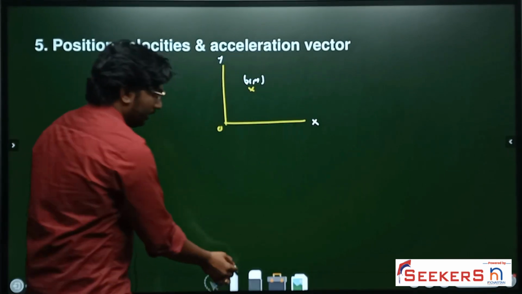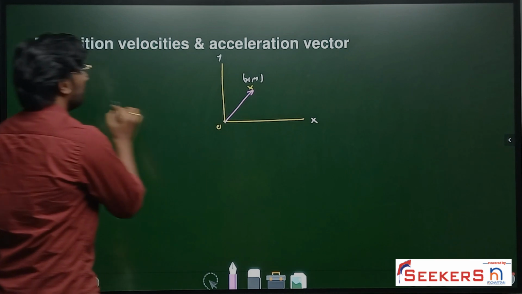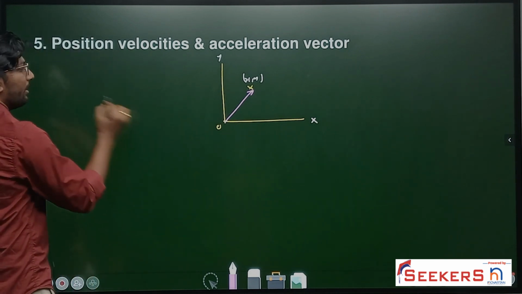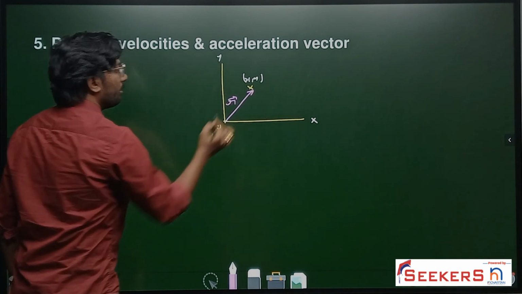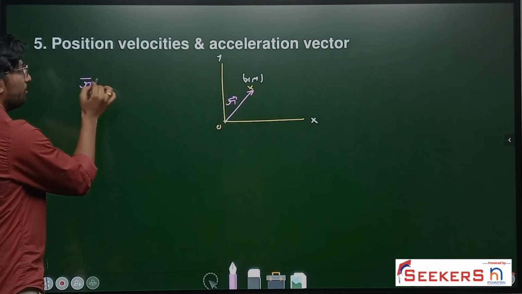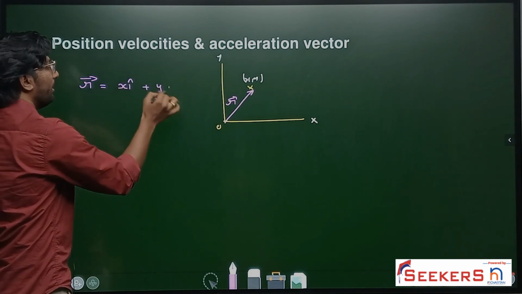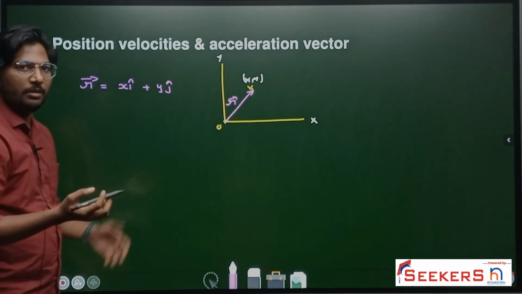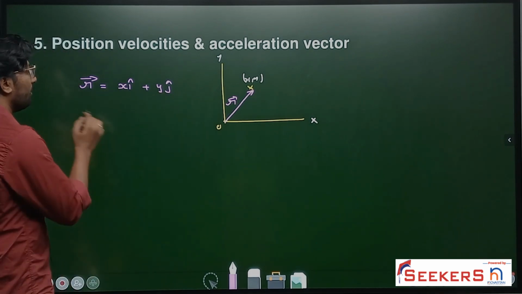According to vectors, the same thing we will write in terms of a vector quantity as position vector. So here we will write this position vector as a combination of x and a combination of y. So therefore, position vector r, we can write it as x i cap plus y j cap. As I said, in your 10th standard you wrote it as coordinates x comma y. Here it will be x i cap plus y j cap.